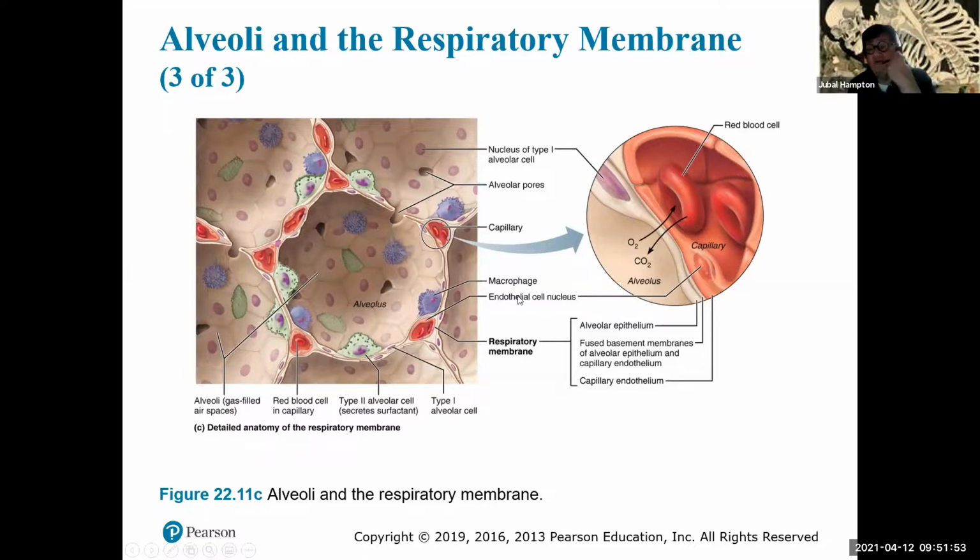So there are two cell membranes involved here where gas exchange has to occur. If anything is filling this up and compromising this thickness, this is where the problems begin with gas exchange. So this is why even just a little bit of fluid is going to cause problems.